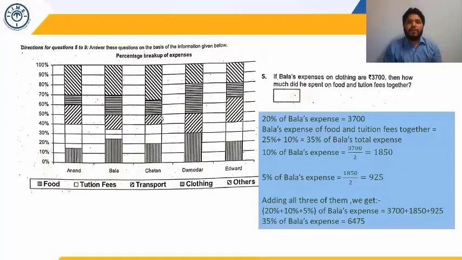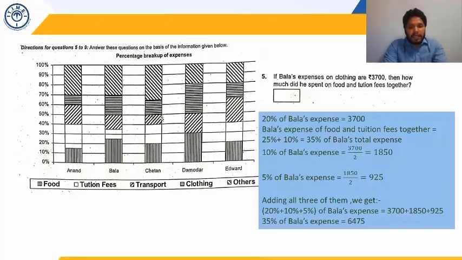What we have done: we are given Bala's expense on clothing to be rupees 3700, and from the bar graph we can see that Bala spends 20% of his total expenses on clothing. So 20% of Bala's total expense is rupees 3700. Now we need to find Bala's expense on food and tuition fees together.